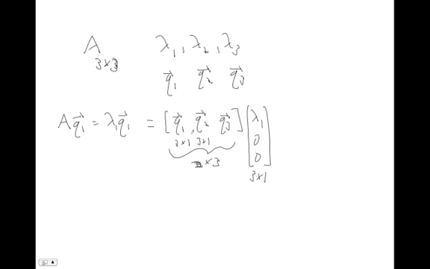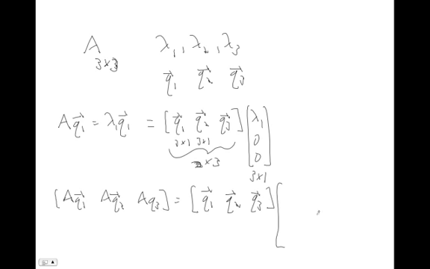But I can do this same thing 3 times. And when I do that, I'd get something like this. I'd say, well, I have AQ1 and AQ2 and AQ3 equal to this matrix Q1, Q2, Q3 times this matrix lambda 1, lambda 2, lambda 3, where these are all zeros.